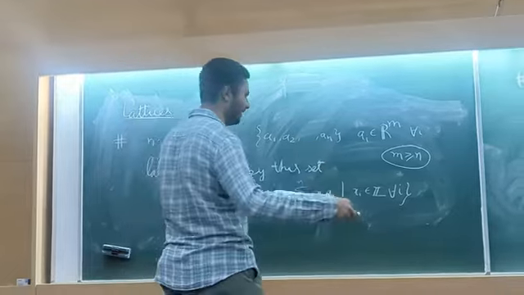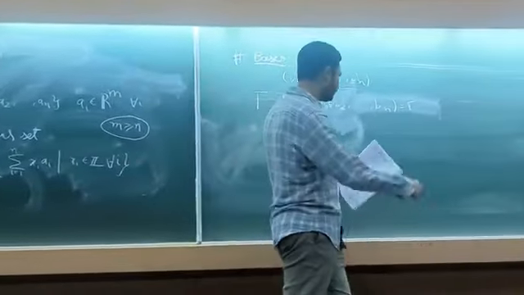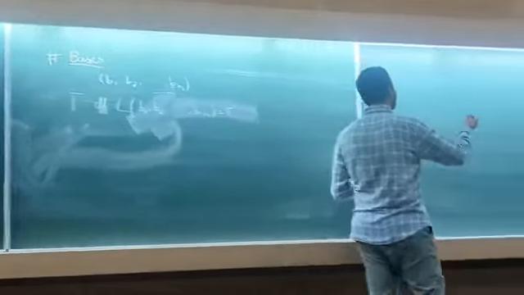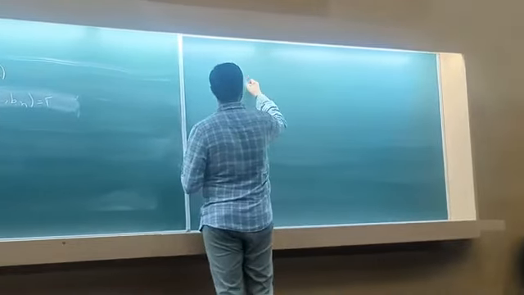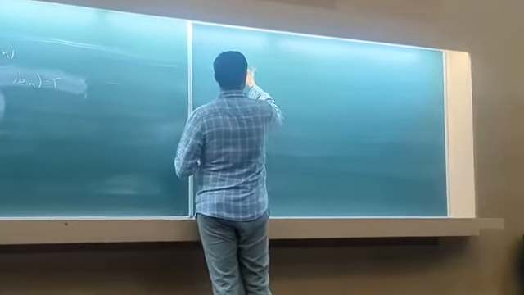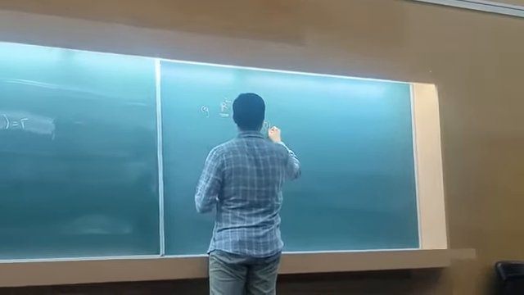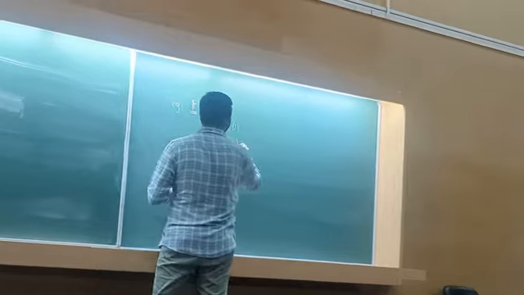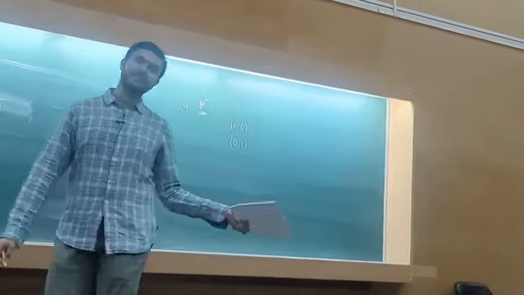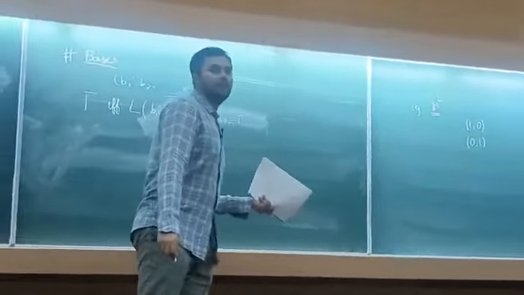So before we go into more and more abstraction, let me just take up a few examples. So if I have the vectors in R2, if I have the vectors (1, 0) and (0, 1), can anyone tell me what is the lattice generated by these vectors? Yes?